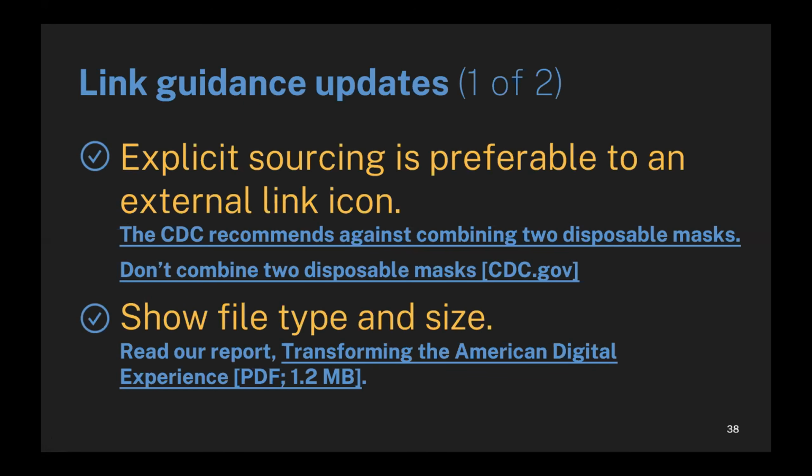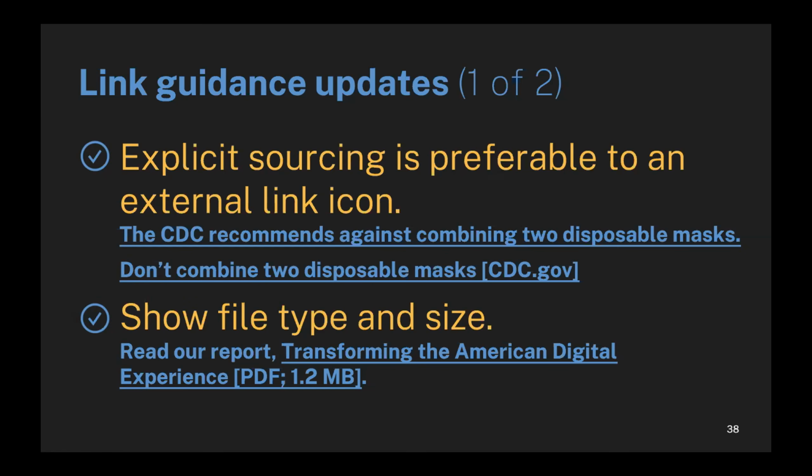And the first thing is that we want to recommend that explicit sourcing is preferable to an external link icon. It's not usually necessary to explain that a link will take users to a page on another site. If it will cause confusion to not indicate that a link is external, specify where the link is taking users within the content itself.